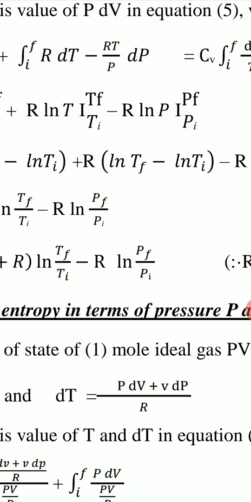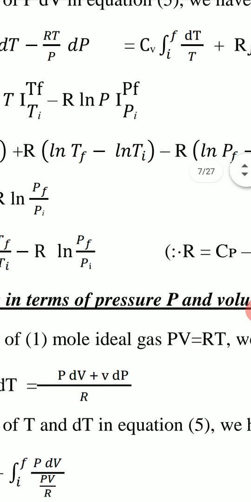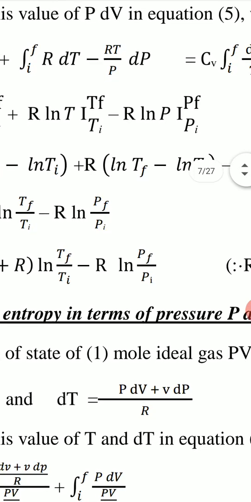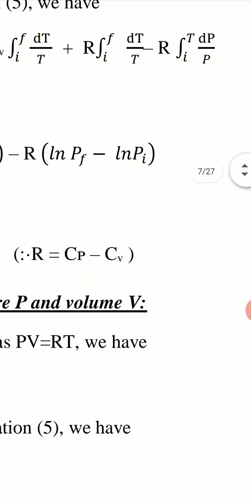We have to divide it by T, so that the second integral becomes R integral dT upon T, and the third integral becomes minus R integral dP upon P.